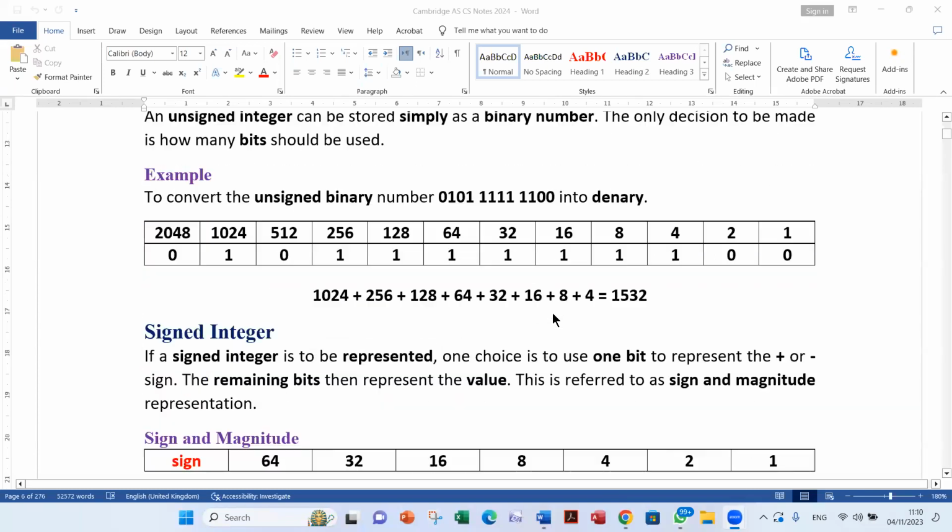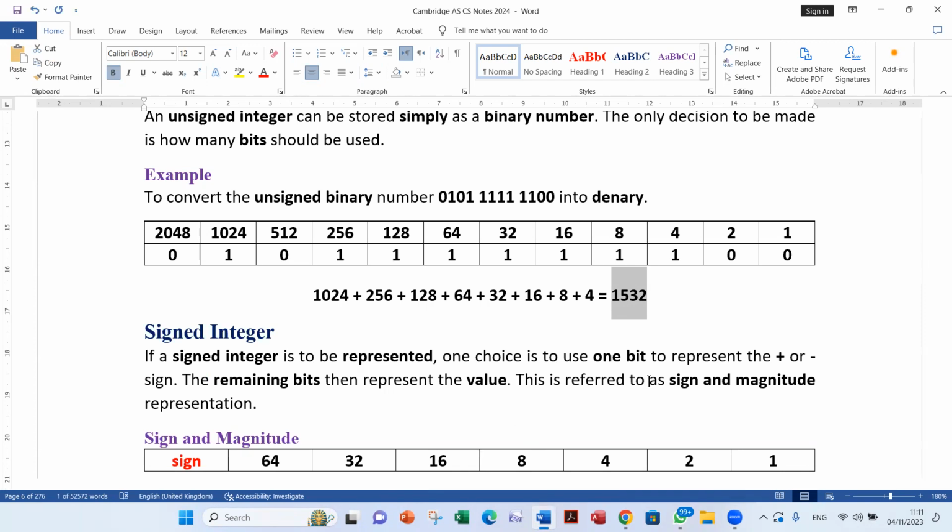Okay, thank you so much. The correct answer is 1532. So probably if you get anything other than this, you have miscalculated an addition or so.